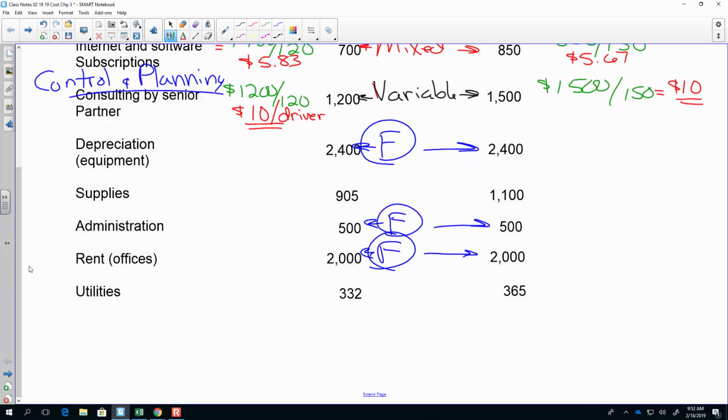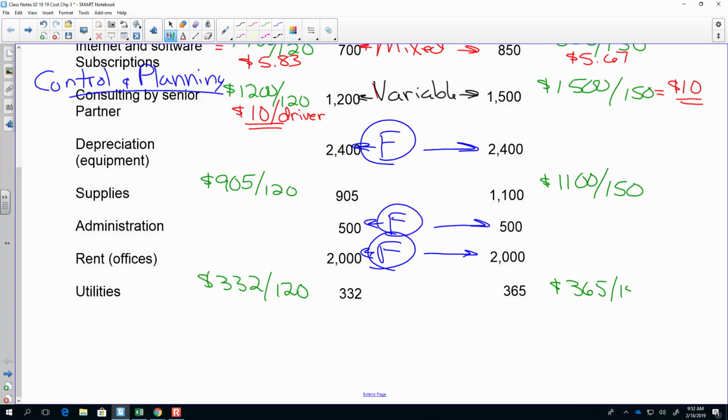We have two more. Quickly, we'll just do 905 divided by 120, 1100 divided by 150. Go down to the bottom one, utilities, 332 divided by 120, 365 divided by 150. Can someone help me with those numbers? Starting with supplies here on the left. 7.54.